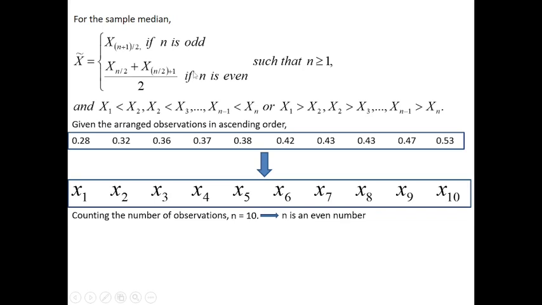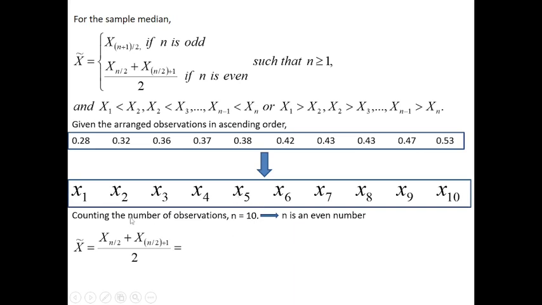Since we have two center observations, that's why we get the average. We add them, then we divide by 2 to obtain the median. So here, we use this formula because n is even.